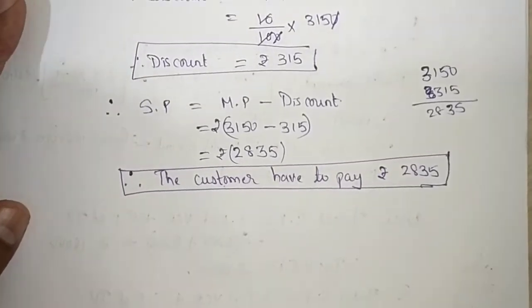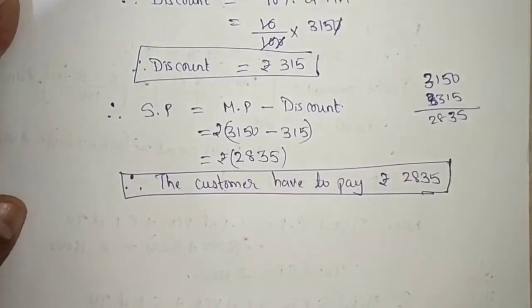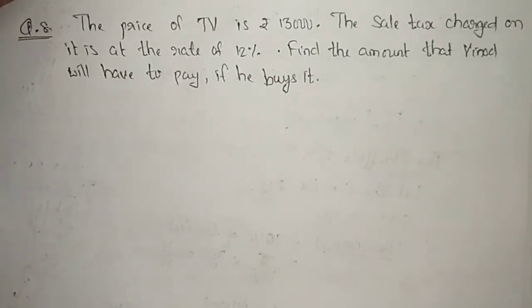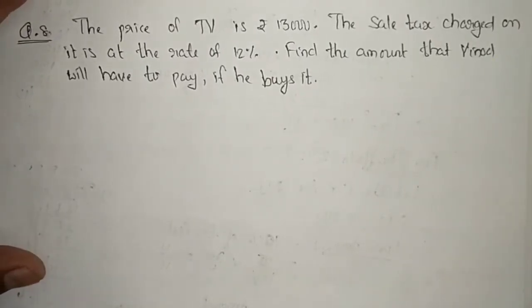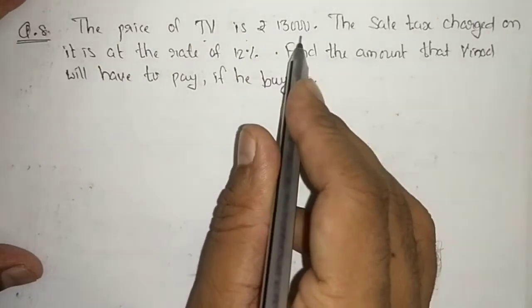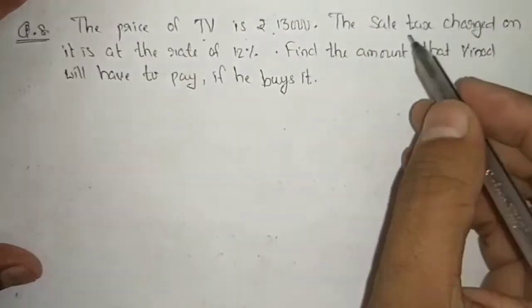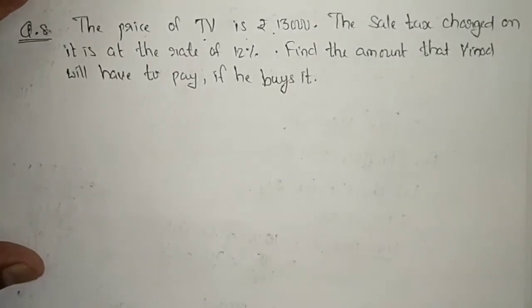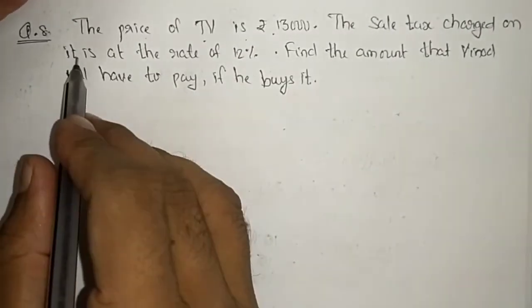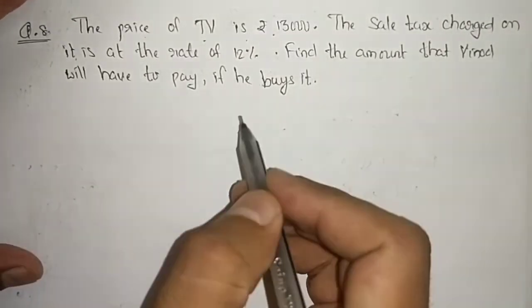Now let me write question number 8. Question number 8 says the price of a TV is rupees 13,000. That is, the cost price of the TV is 13,000. The sales tax charged on it is at the rate of 12%.